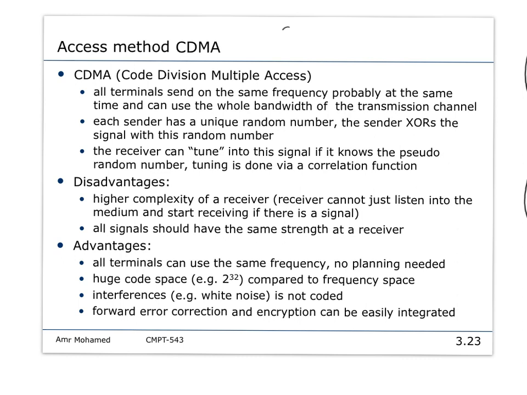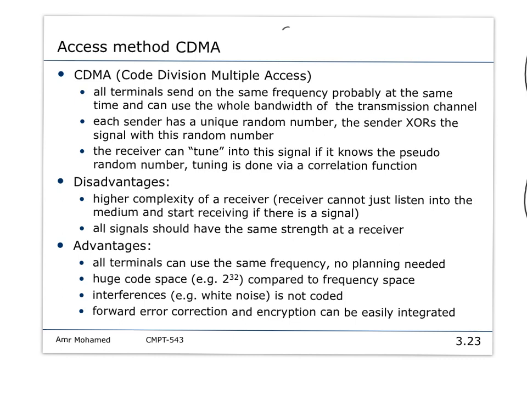If you want to receive from B, you need to use the code of B. If you want to receive A, you need to use the code of A, and so on. So each node will have to maintain codes for all the other nodes, right? And if you want to receive from this, you have to use the right code.